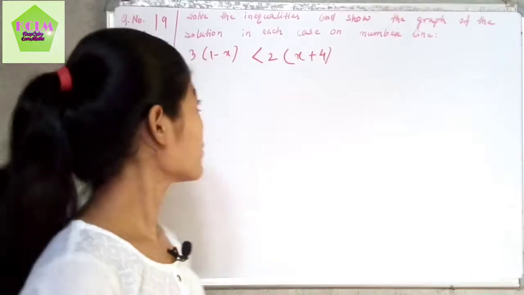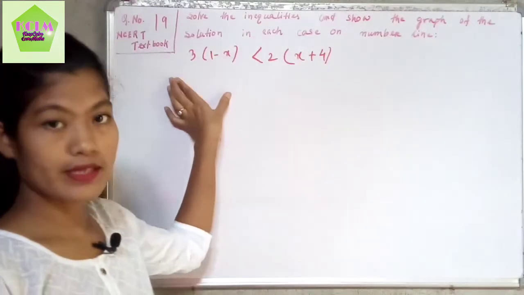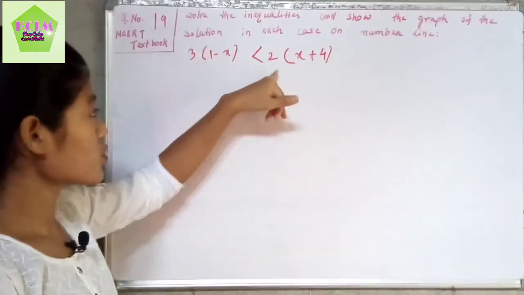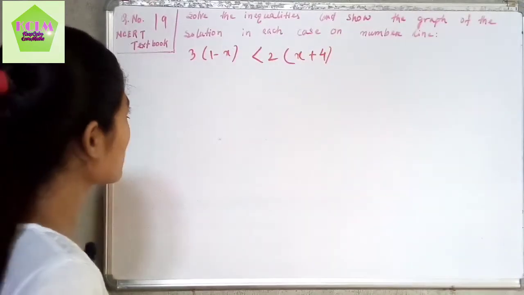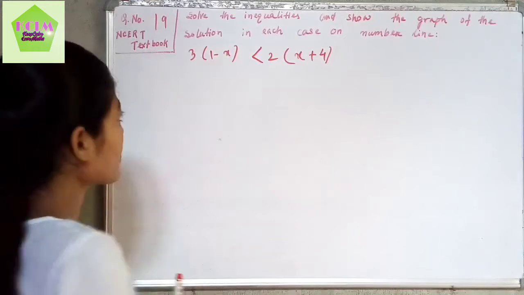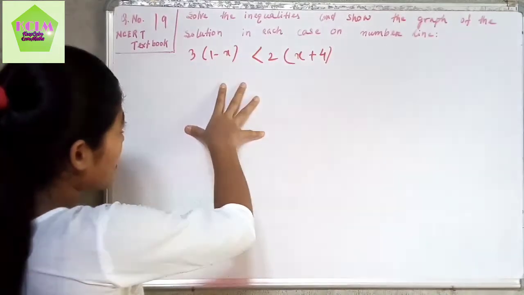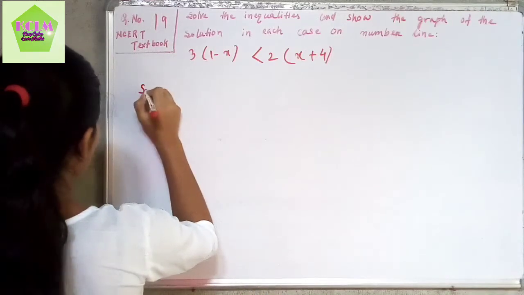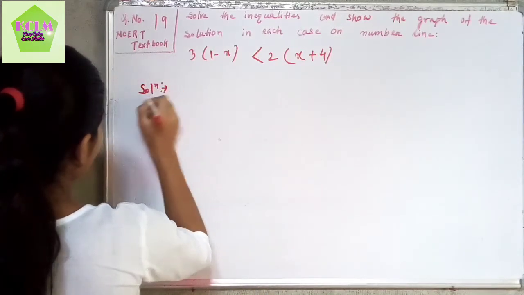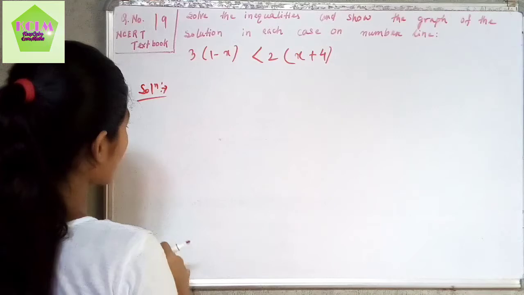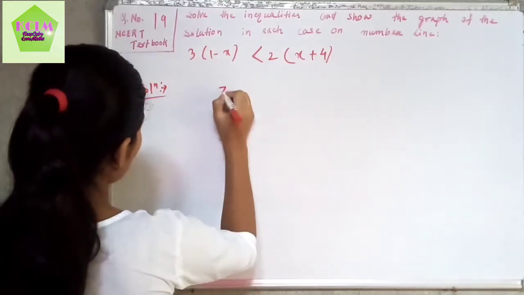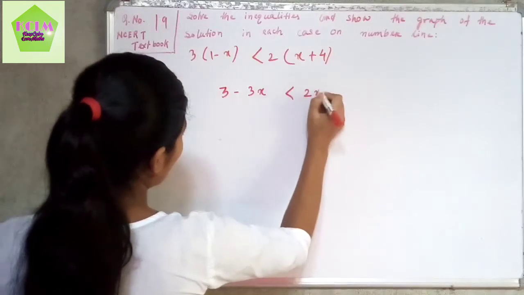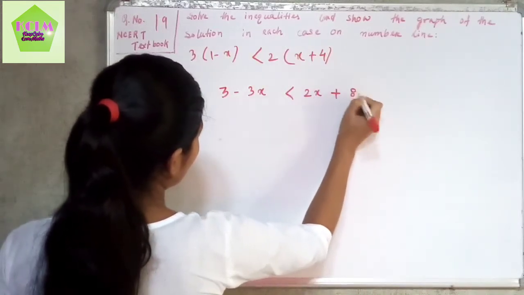Today's second question is question number 19 from the exercise, 3 into 1 minus x less than 2 into x plus 4. In a similar way, we have to solve this linear inequality and show the solution on number line. So first of all, we multiply the 3 inside this bracket, then it will become 3 minus 3x less than 2x plus 8.